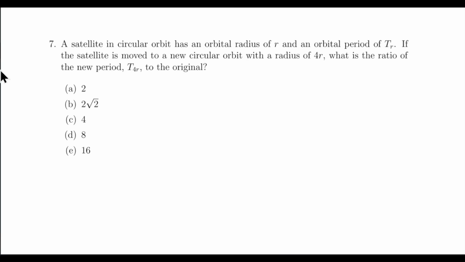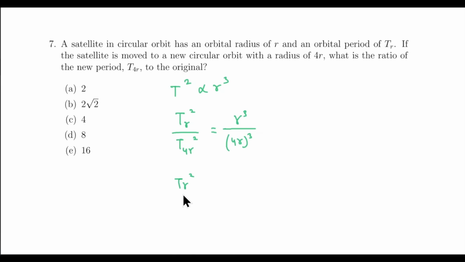So Kepler's third law will be really helpful here, which states that T squared is proportional to r cubed. Which means that Tr squared over T4r squared will be equal to, because when we divide them, the proportionality will be gone, it will just turn into an equal sign, r cubed over (4r) cubed.